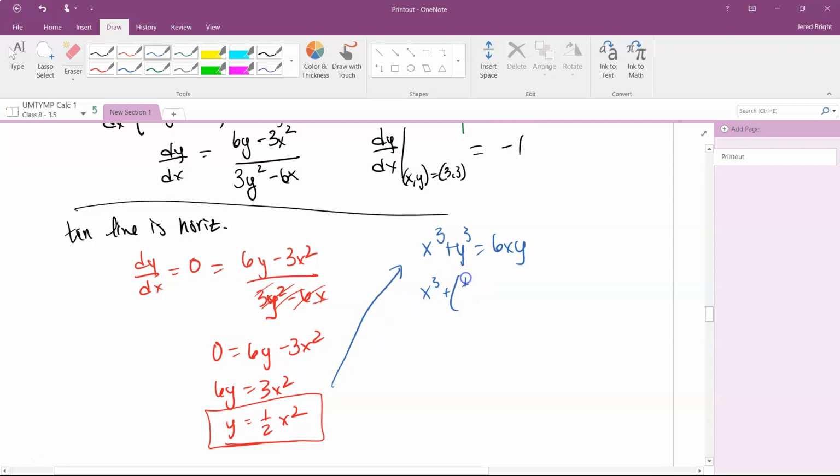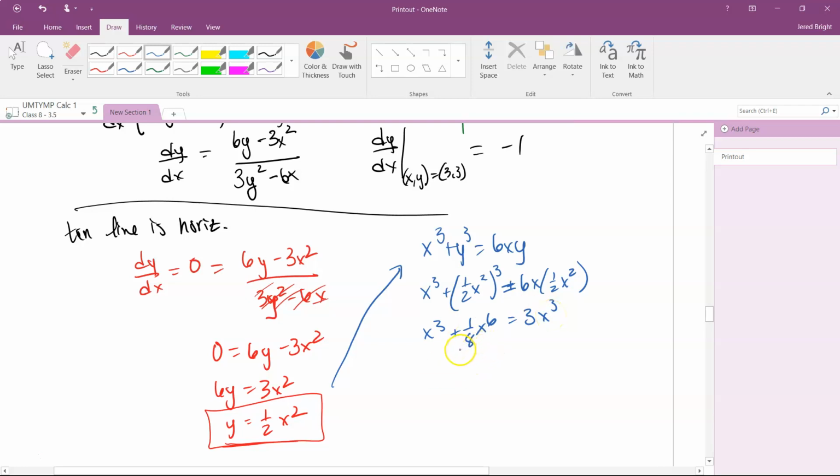So I have x cubed plus (1/2 x squared) cubed is equal to 6x times 1/2 x squared. So I have x cubed plus 1/8 x to the 6th is equal to 3x cubed. Then I can rearrange this and solve.